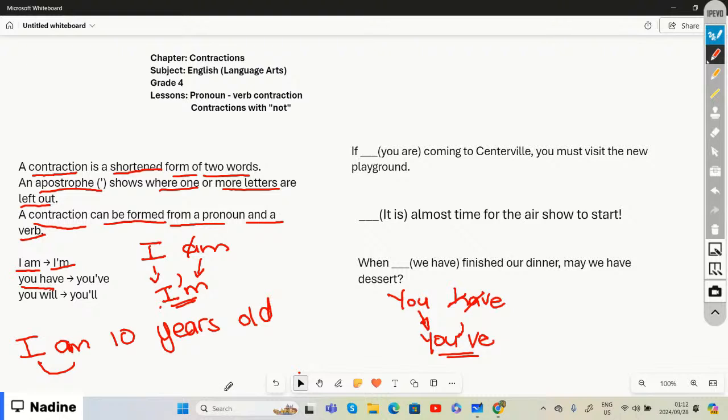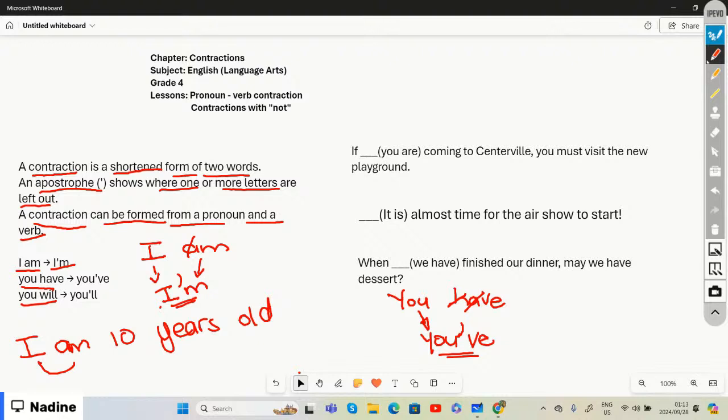So you have is shortened for you've. And if we look at the next one, the next one says you will.